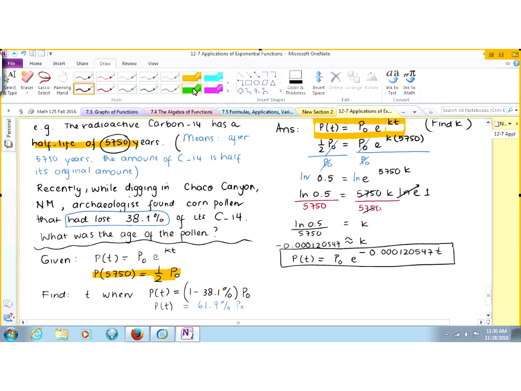It's only half of the original amount. That's why I wrote this. The half-life is 5,750. It's this one right here. So after 5,750 years, the amount is half the original amount. Okay, I'm waiting for questions so far. No questions so far? Yes, Melissa.